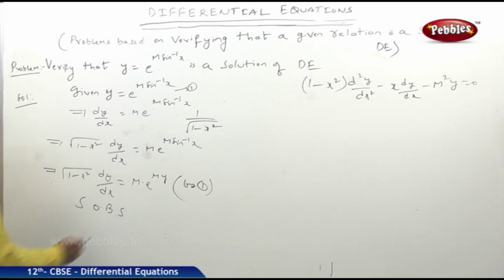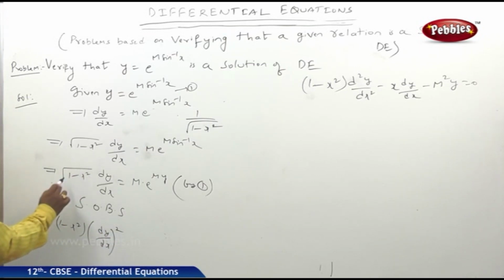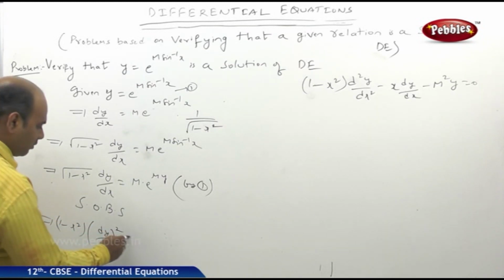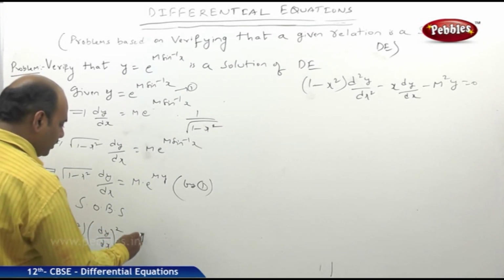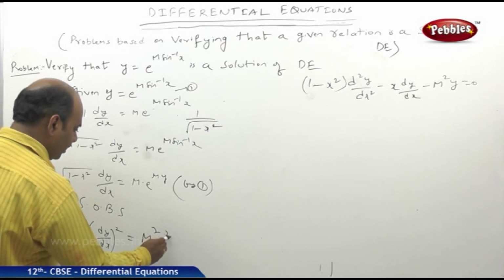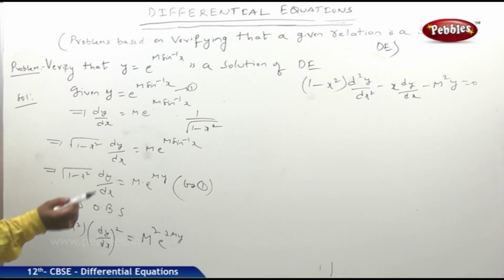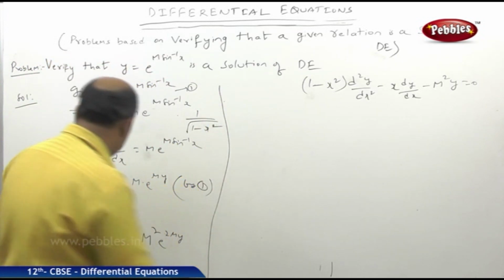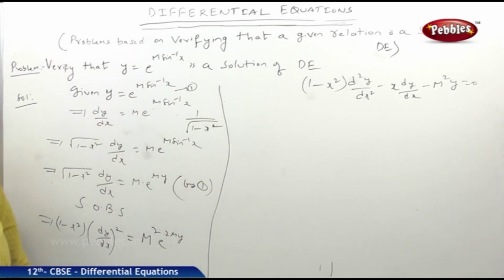So 1 minus x square into dy by dx whole square, because when I square the root of 1 minus x square, it gets cancelled, and dy by dx whole square is equal to m square into e power 2my, because e power my whole square I can write as e power 2my.